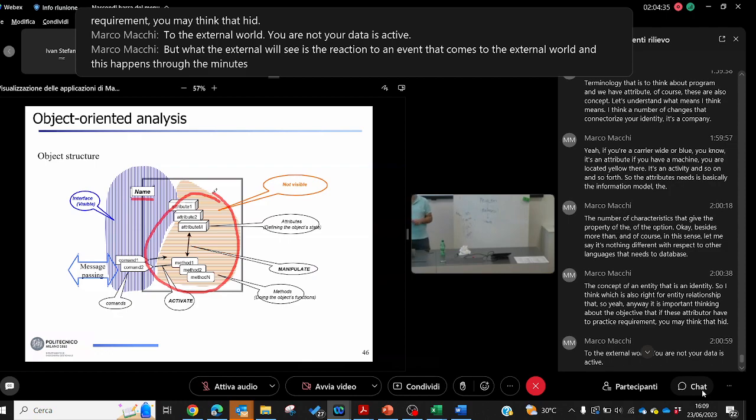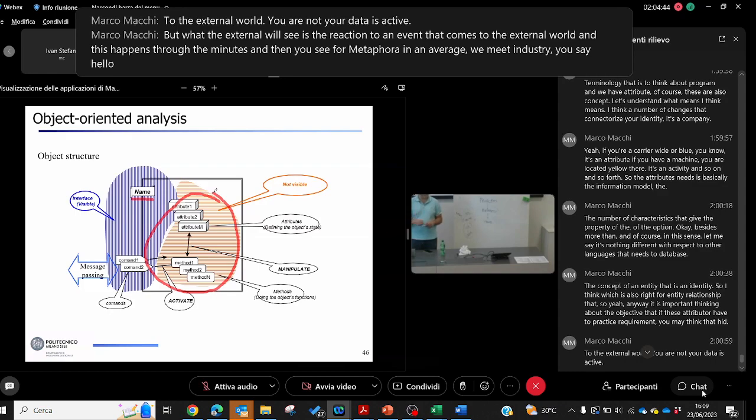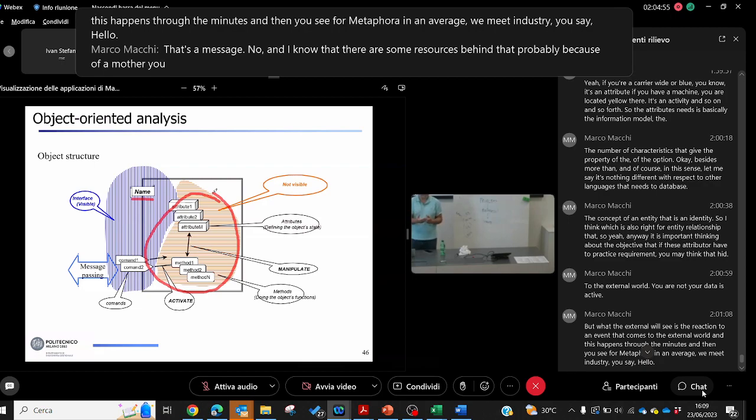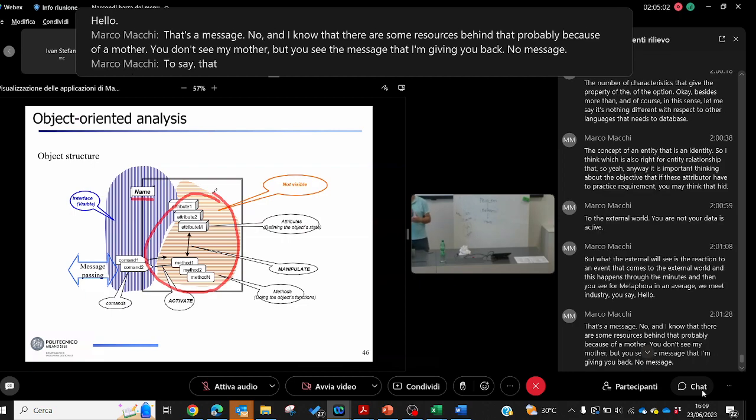Then a simple metaphor, an analogy. We meet in the street. You say hello. That's a message, no? And I do not answer. There are some reasons behind that, probably because of a mood. You don't see my mood, but you see the message that I'm giving you back. No message. But to say that what I'm receiving as a message activates a method and can have a reaction.